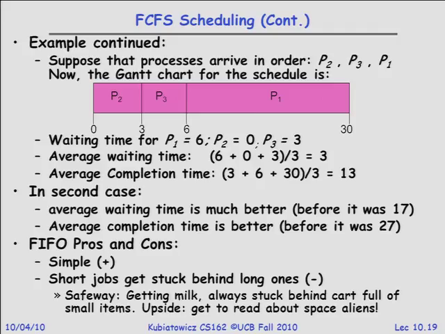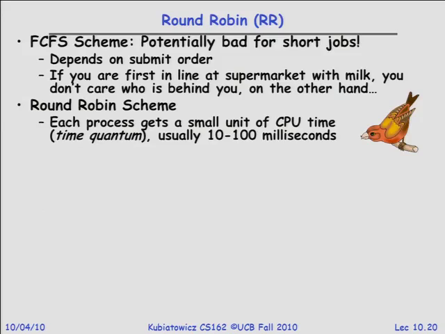So the round robin scheme is going to try to get around this. Sorry, when I made these slides, I was having fun with clip art. What we're going to try to do to fix this problem is shuffle the jobs around. By shuffling the jobs around, we make sure that the short ones eventually get some good place in line. Now imagine the supermarket example.